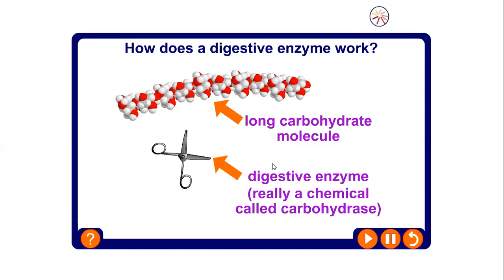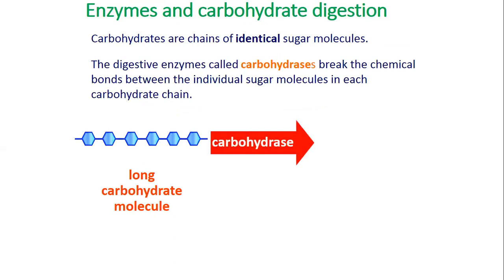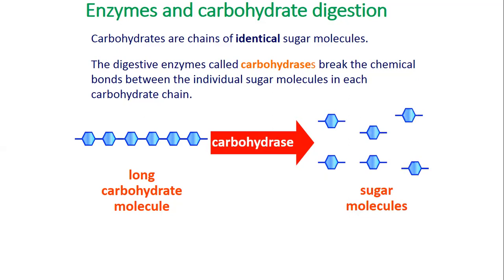How does a digestive enzyme work? This is a long carbohydrate molecule. The digestive enzyme is a chemical called carbohydrase. Enzymes and carbohydrate digestion. Look at the carbohydrase, which digests it into units of sugar molecules.